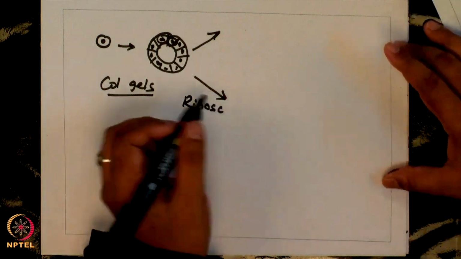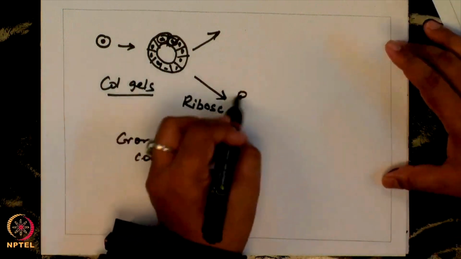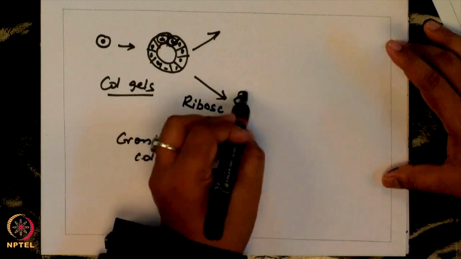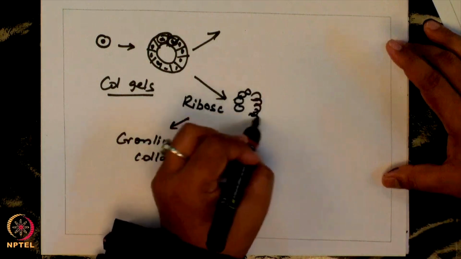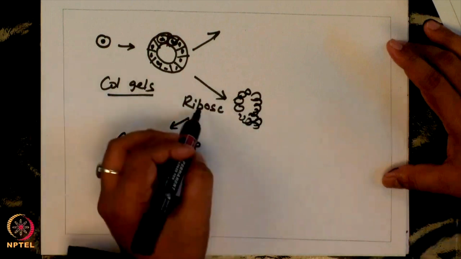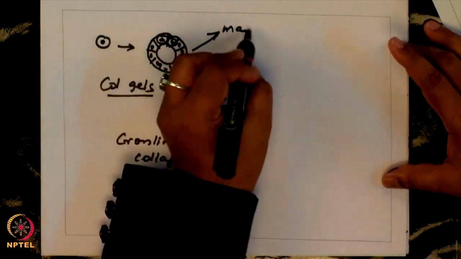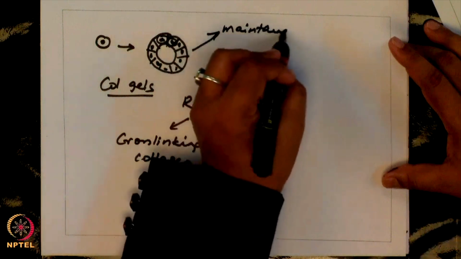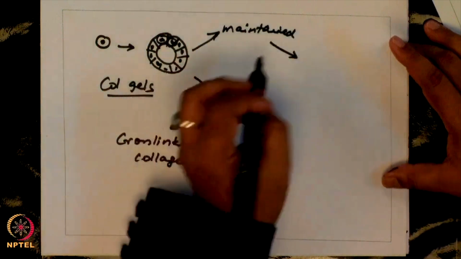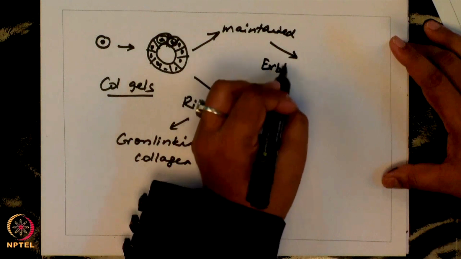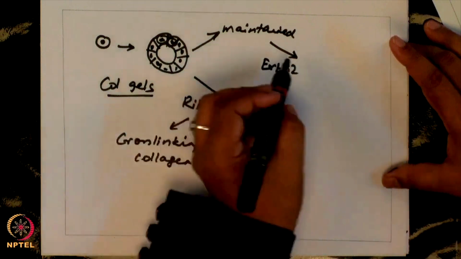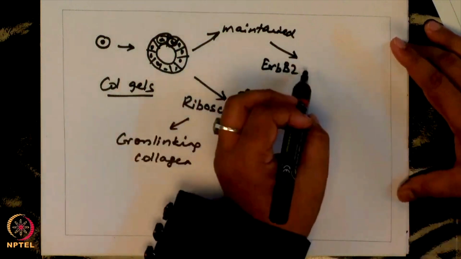And lo and behold, in this case they began to see the structure fall apart. Their organized acini structure was starting to fall apart with ribose. In the control case this was maintained, but if they added ERBB2 activation, again the structure started to fall apart.